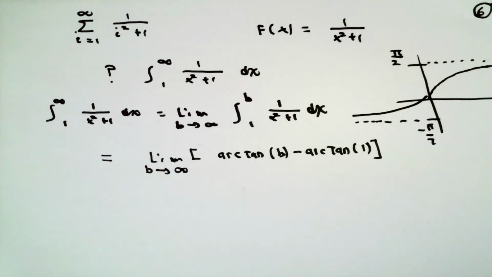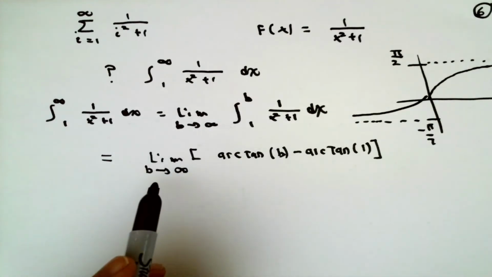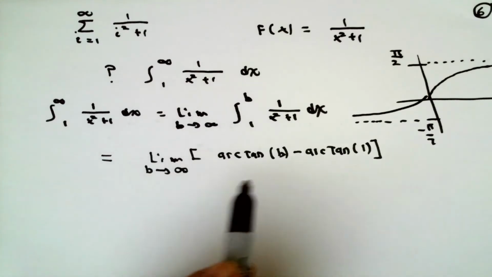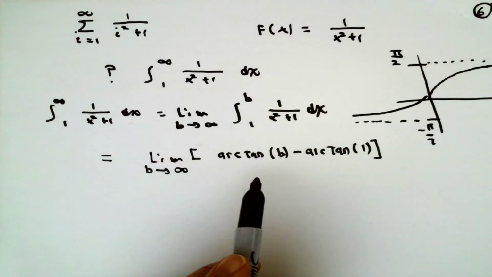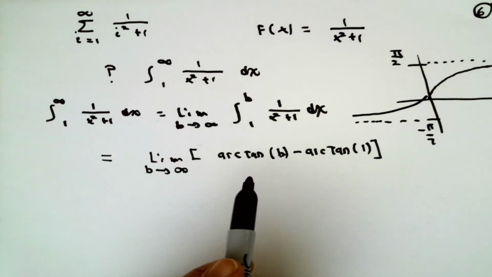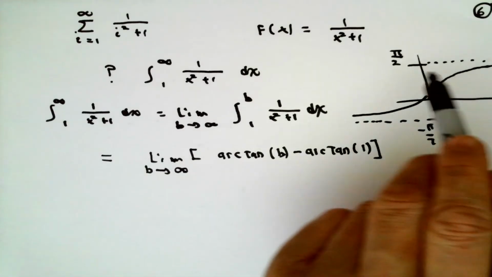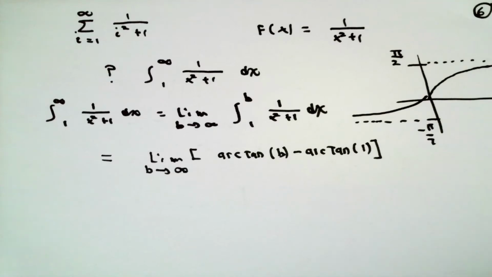What does make sense is to say that when I make b very large, arctan of b is very close to pi over 2, so that the limit of that term is equal to pi over 2. But there is no spot on this graph that has y coordinate pi over 2.